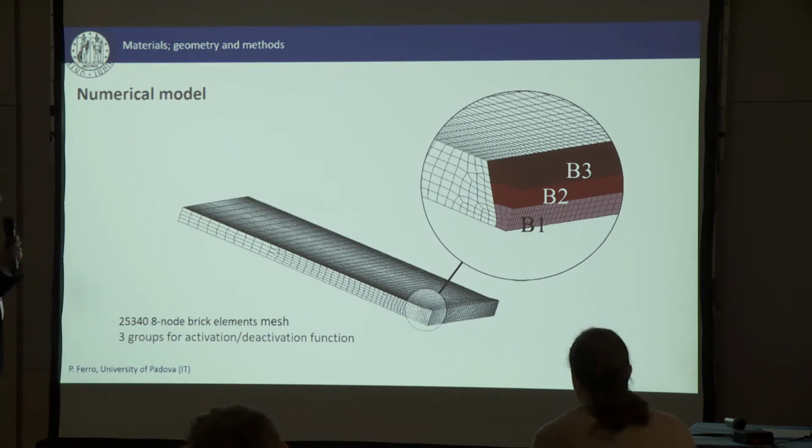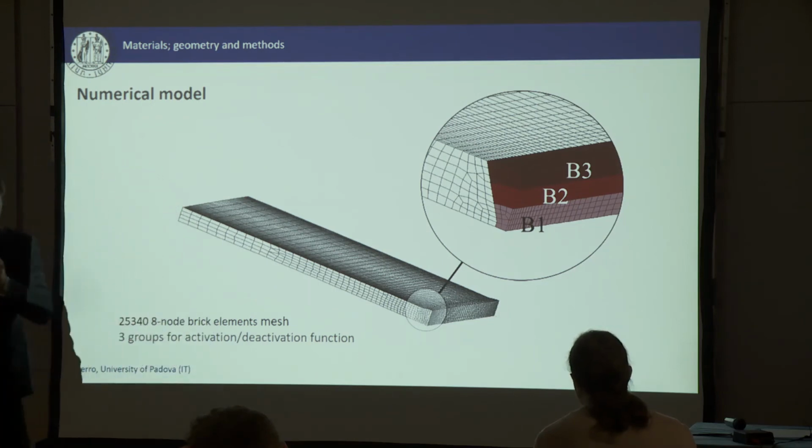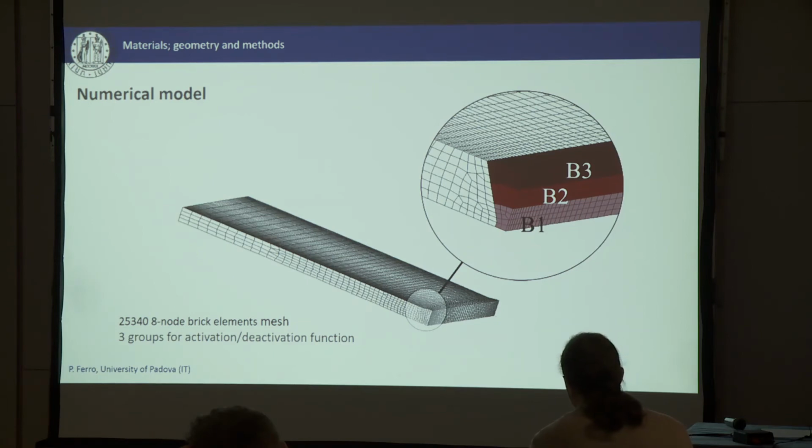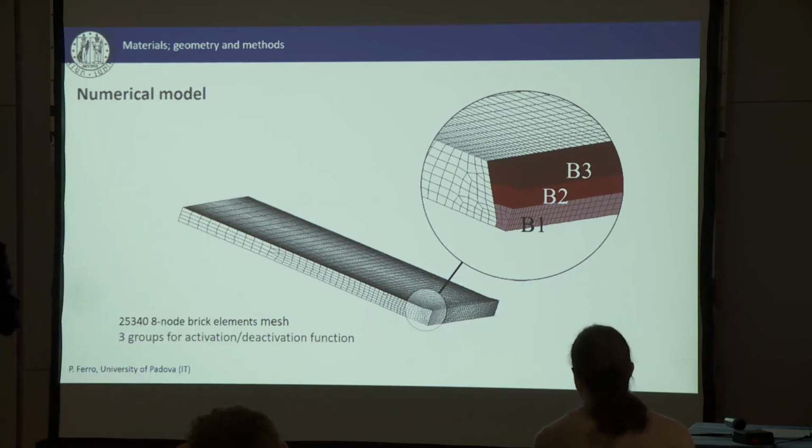You can observe that we have refined the mesh in the bead zone in order to capture the thermal gradients. We have also divided the entire weld bead into three groups of elements, B1, B2, and B3, in order to simulate, by using the element activation function, the deposition of the three passes of welding.